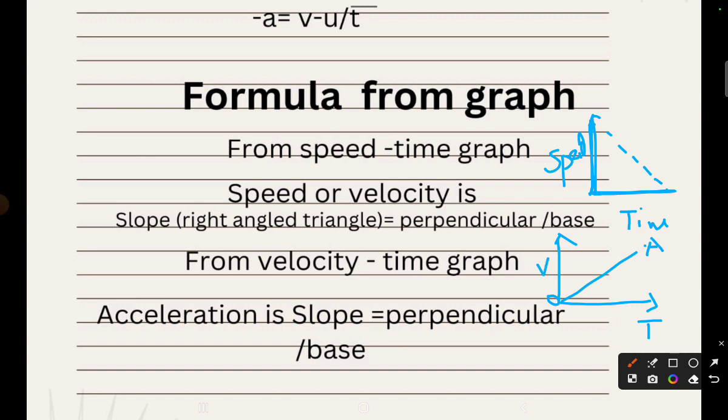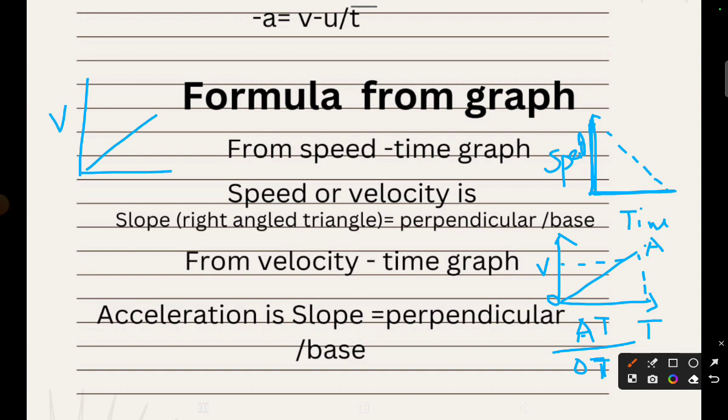To find out the OA slope, we will do it as perpendicular upon base. Perpendicular is AT and the base is OT. Whatever numbers are given, you have to use them and divide to get the value. Acceleration is also found in the same way. For uniform acceleration, we draw the line like this.